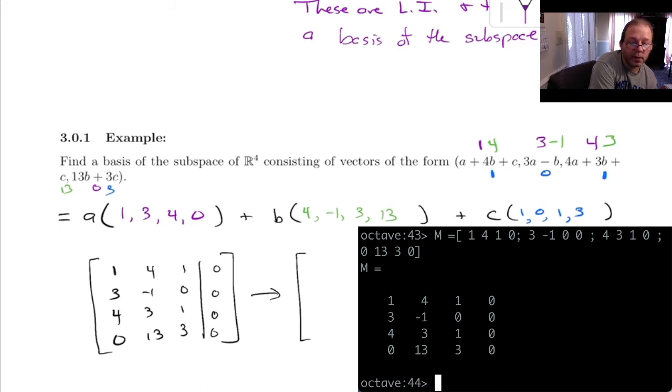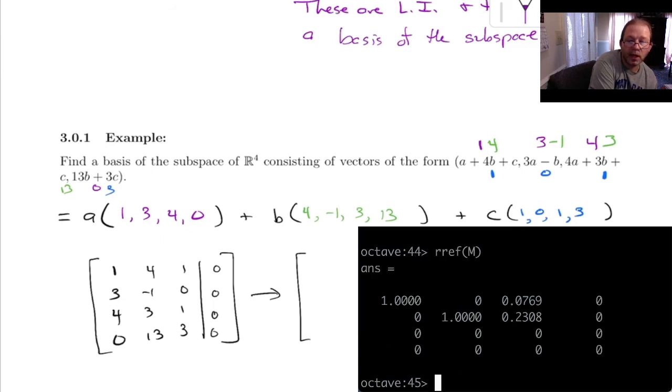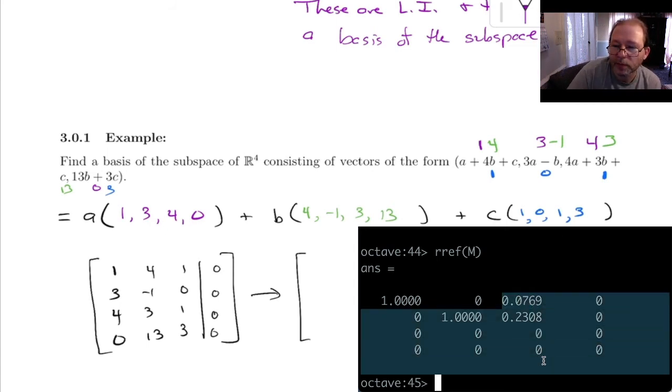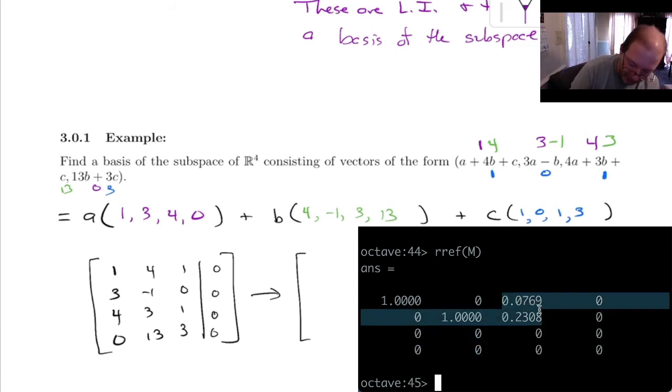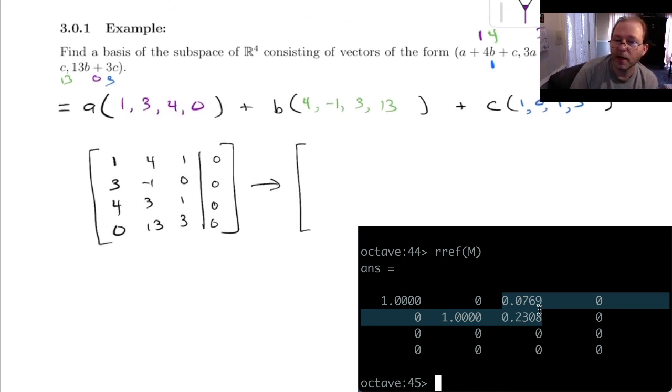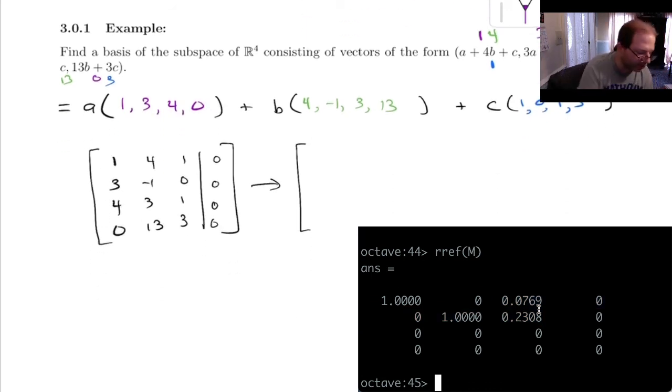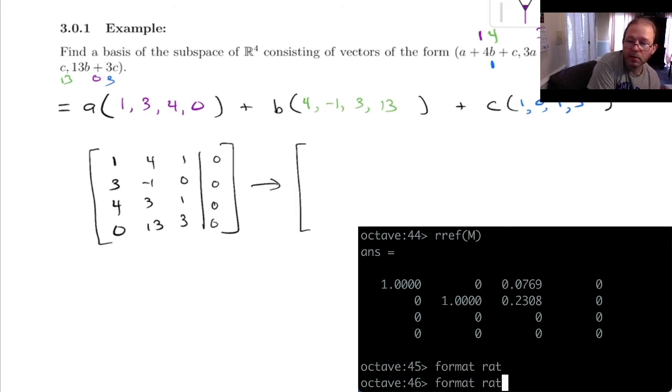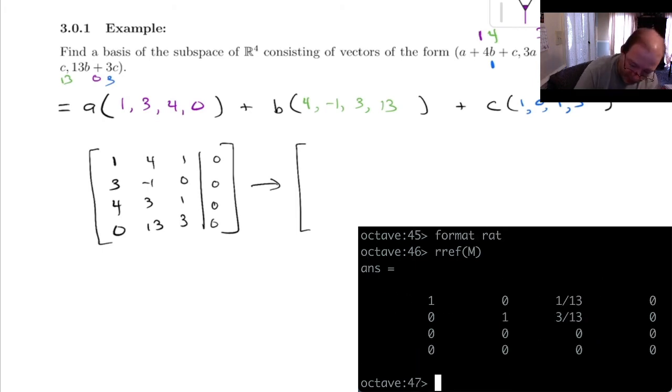All right, now I'm going to row reduce this. And notice we get this right here. We get a free variable over here in the C column. Now, I do want to copy this onto my paper. Let's make it fractions so it's easier to see.